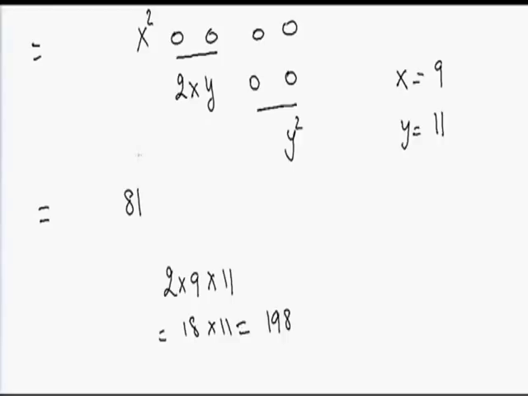So we'll have 198, and then we have y square, so 11 square is 121, so 21 and 1 here, right? So in that case the answer would be equal to 89921. So that's your answer.